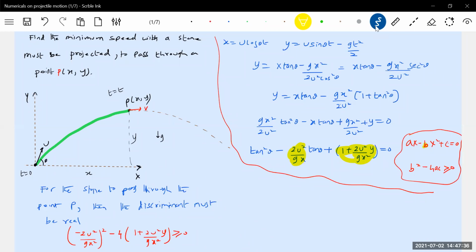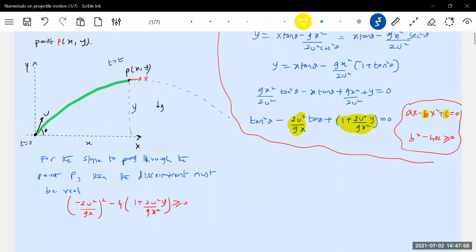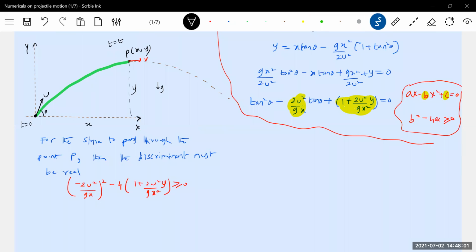Okay, let me expand this: 4u to the power of 4 by g square x square minus 8y u square by g x square.